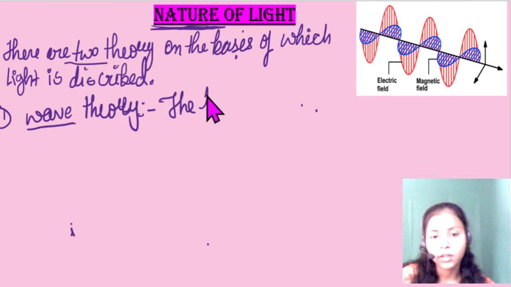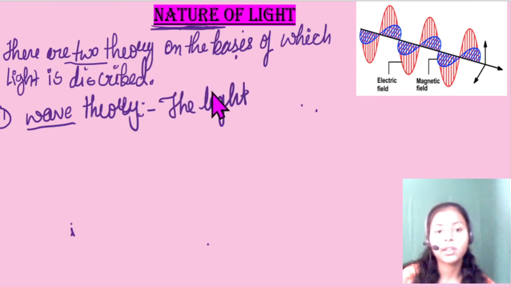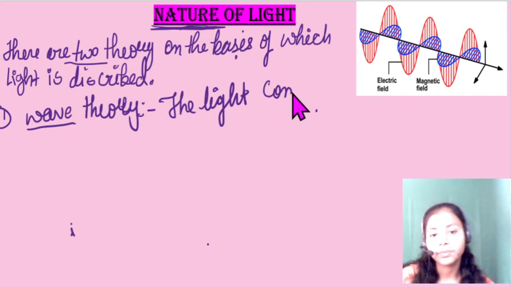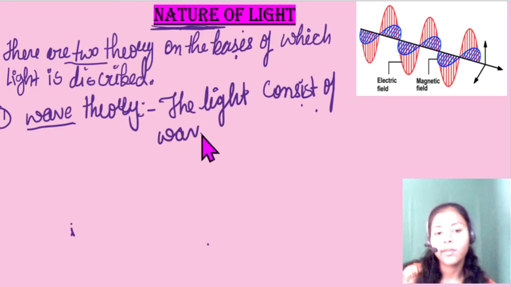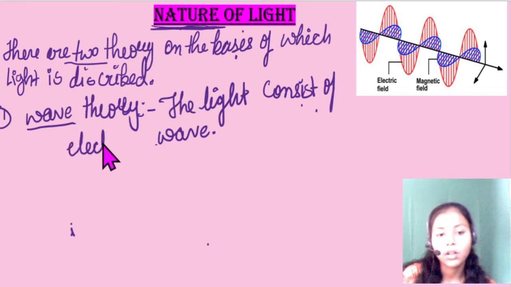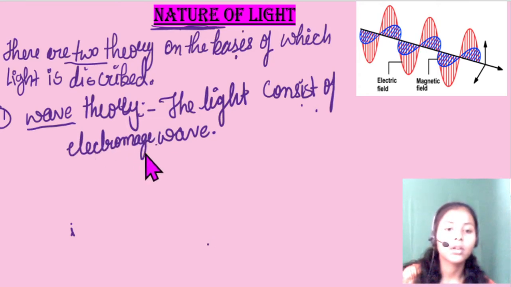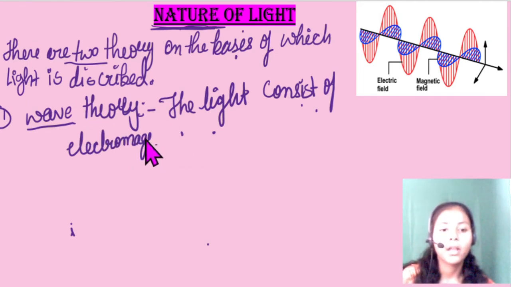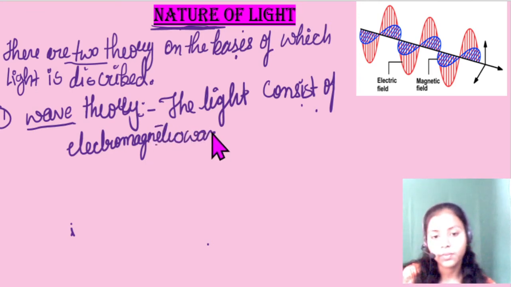Light consists of waves, and the type of wave is electromagnetic waves.